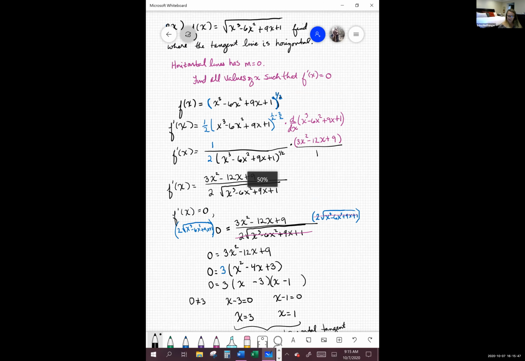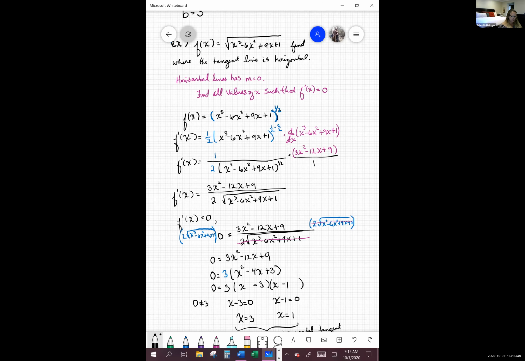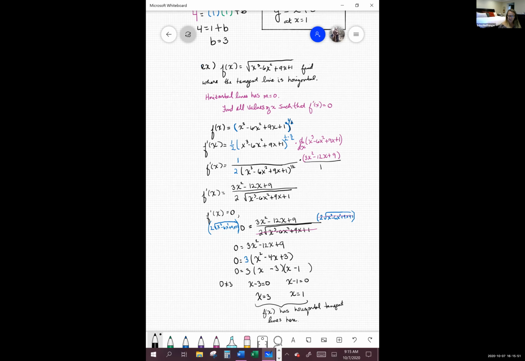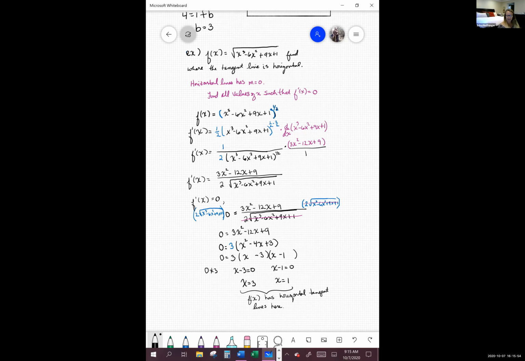That's going to be something we do a lot of in the next chapter when we start graphing these functions. We've got to find when the derivative is equal to 0. That's going to give us ways to figure out: is there a max or min, where is it increasing, where is it decreasing?